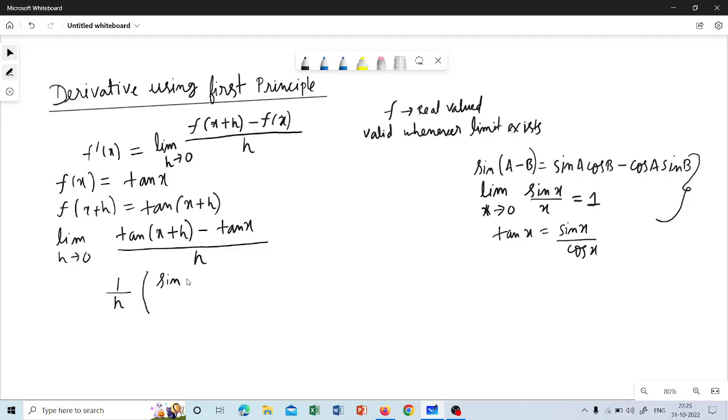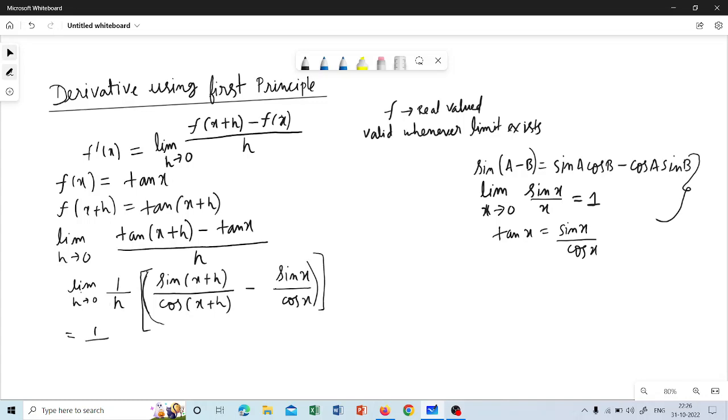So 1 by h times sine of x plus h by cos of x plus h minus sin x by cos x. This limit is there, I am not going to write limit again and again. It is always better practice to write it, but I am avoiding it.